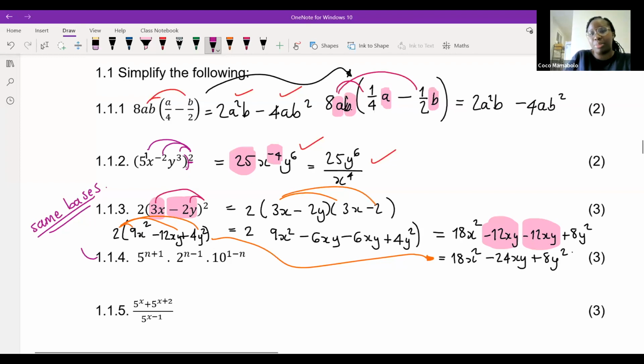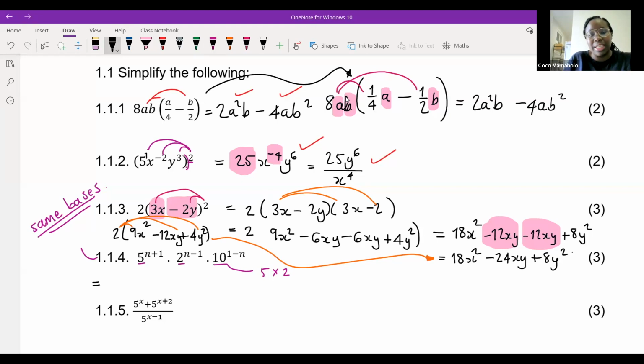Okay, now the problem that we have over here is that I've got 5 and I've got 2 and I've got 10. None of my bases look the same, but I know that I can rewrite 10 as 5 times 2.